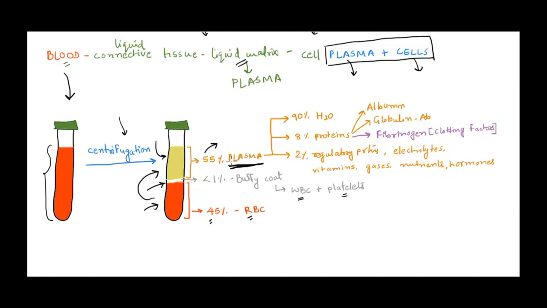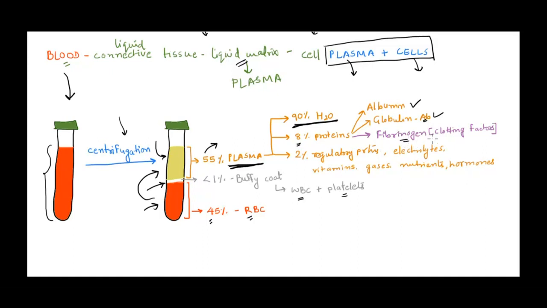Now what is this plasma? What is it made of? Plasma is 90% water itself. About 8% is proteins, very important proteins: albumin, globulin, which includes the immunoglobulins we have in our blood, and fibrinogen.